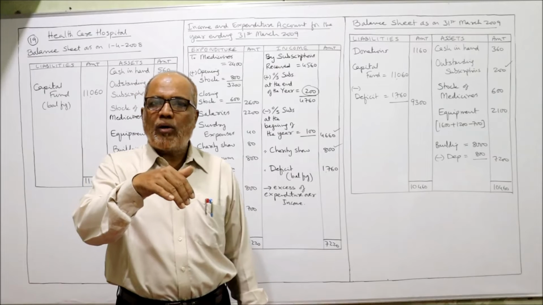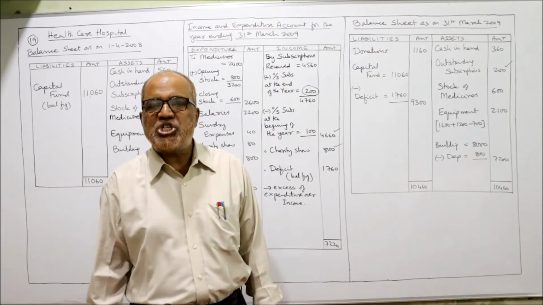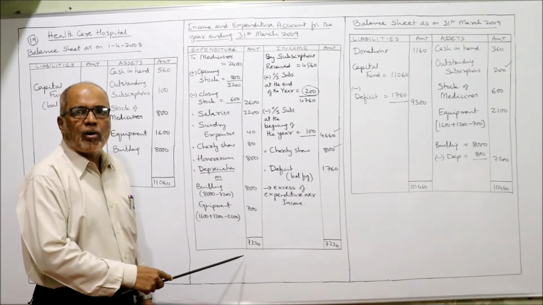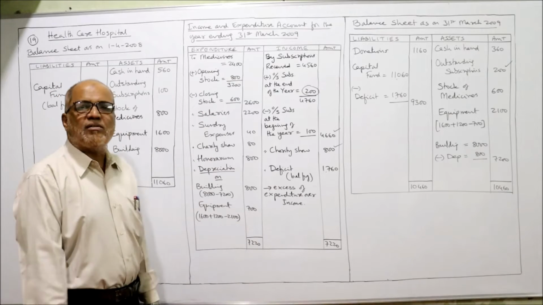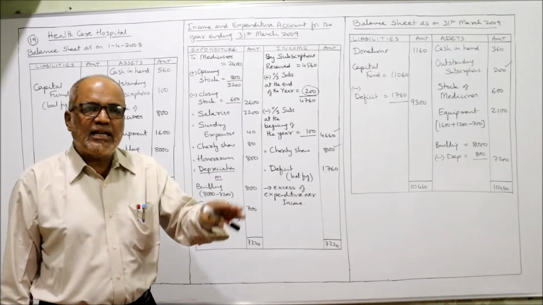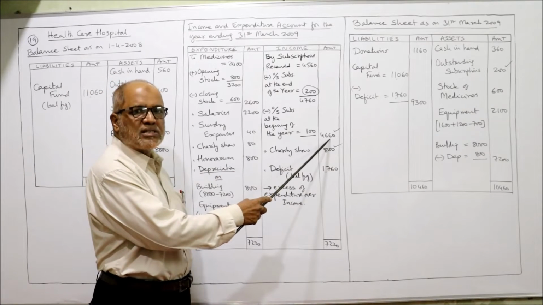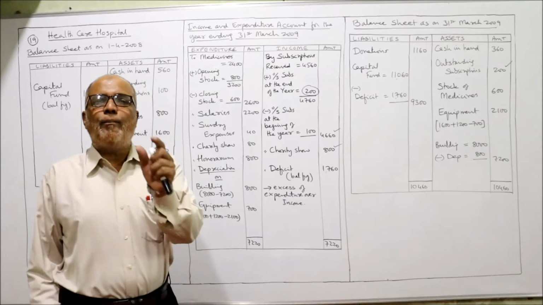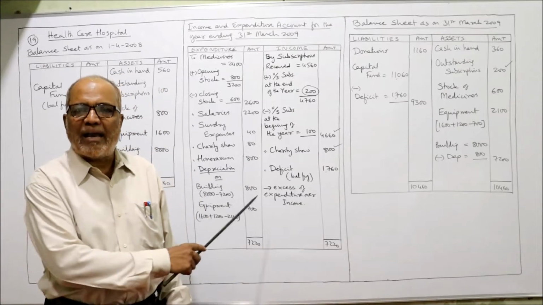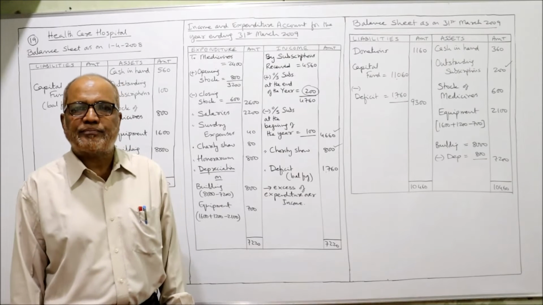Sometimes income will be more, sometimes expenditure will be more. In this problem, expenditure is more. The total of expenditure 7,220. From 7,220, deduct 4,660 and 800. The balancing figure you are going to get is 1,760. This is the balancing figure, it is the deficit.